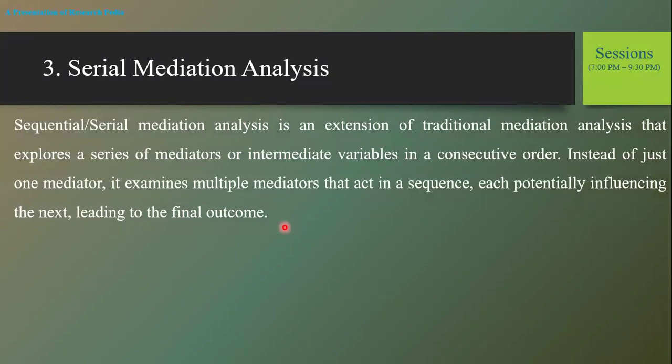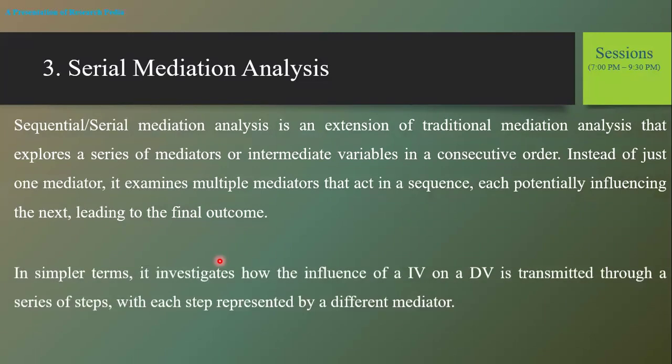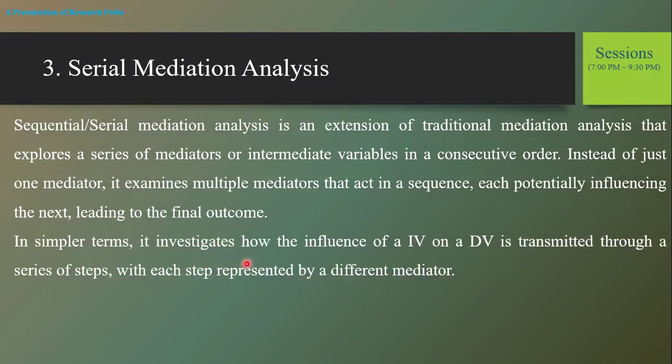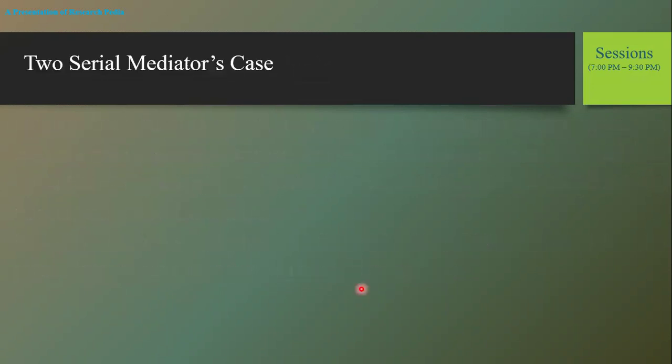So when there are a lot of mediators between the IV and DV, and they are creating a sequence between them, you can apply that model as a serial mediation analysis. In simpler terms, it investigates how the influence of the IV on the DV is transmitted through a series of steps, with each step represented by different mediators.